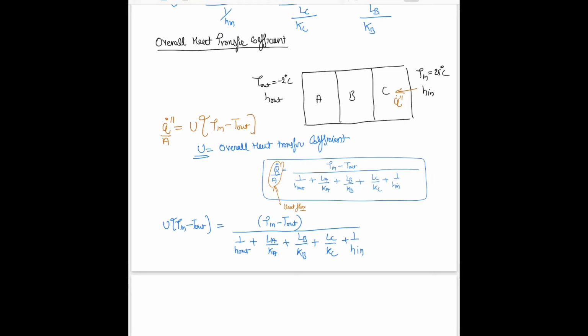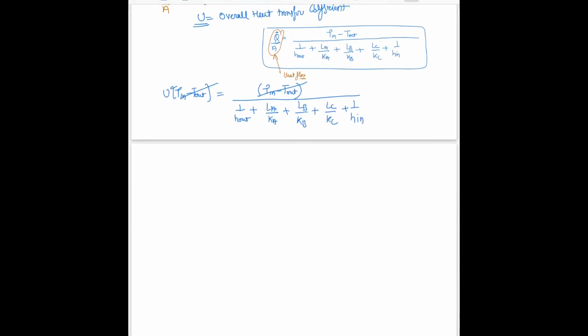So from here this and this will cancel and we will have the overall heat transfer coefficient expression: U equal to 1 divided by the sum of 1 by H out plus length of A over thermal conductivity of A, length of B over thermal conductivity of B, length of C over thermal conductivity of C, plus 1 by H in.